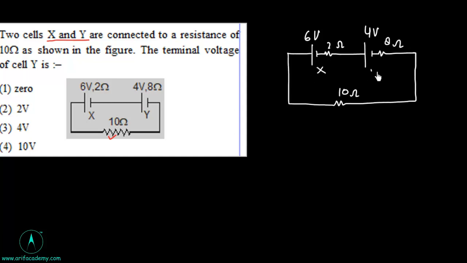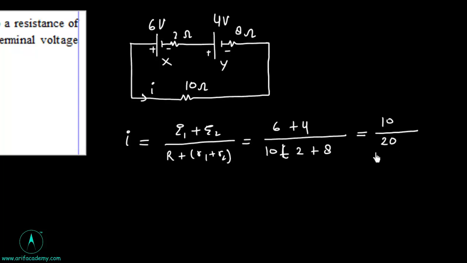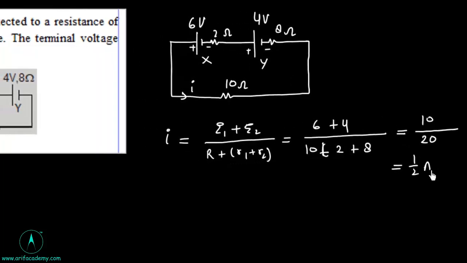This is X and this is Y. These are in series, so the current will be total EMF, E1 + E2, upon R + R1 + R2. That is (6 + 4) upon (10 + 2 + 8), so we have 10 volt and 20 ohm. So this is 1/2 ampere.